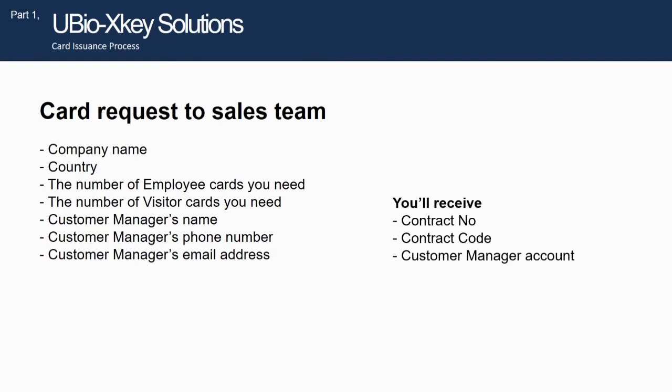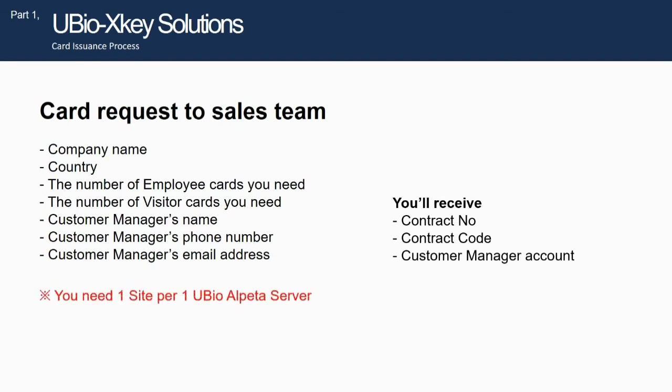Then you will receive these 3 pieces of information. The contract number and contract code are used when UBio Alpeta connects with the mobile card server. And the customer manager account is used to check the issuance status of mobile cards on the mobile card administration page.